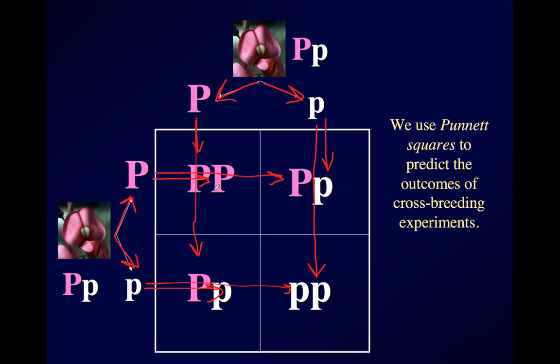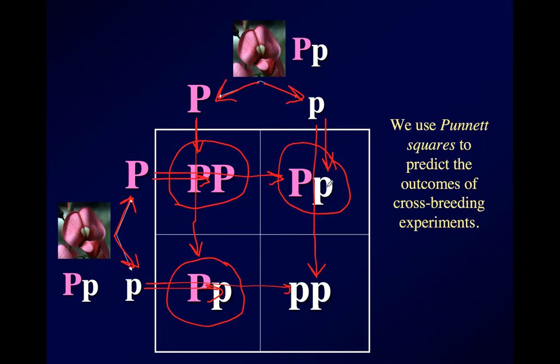You read this as meaning that 1/4 of all of your offspring, however many it is, 1 out of 4 offspring is going to be homozygous for the dominant allele. They'll be carrying 2 copies of the dominant purple allele, and they're going to look purple. 2 out of 4, which is of course 1/2 of all of your offspring, however many they are, are going to be heterozygous.